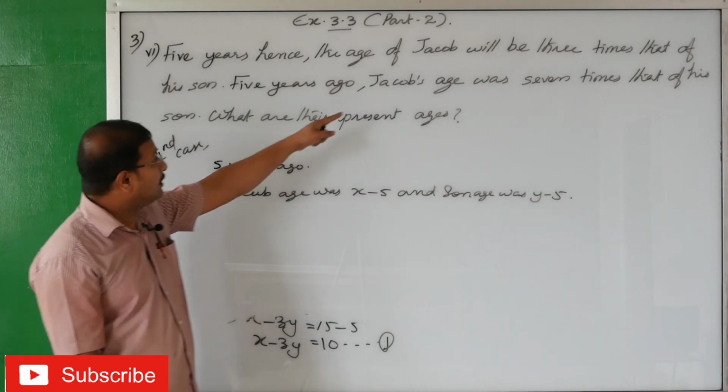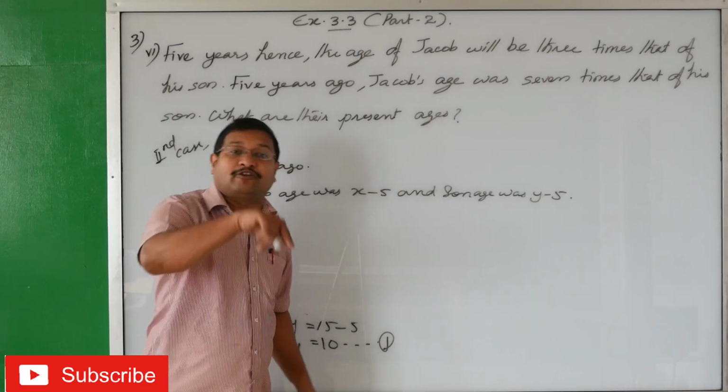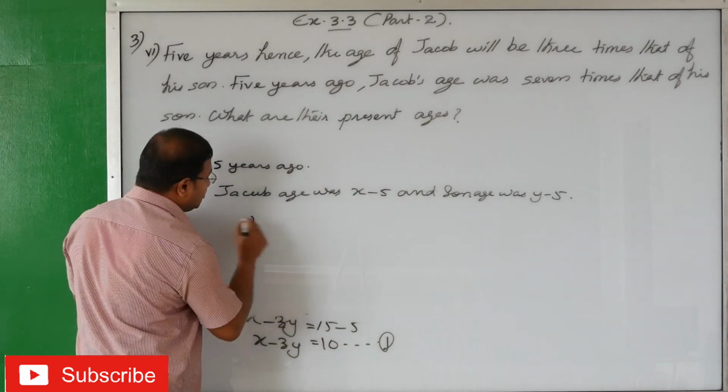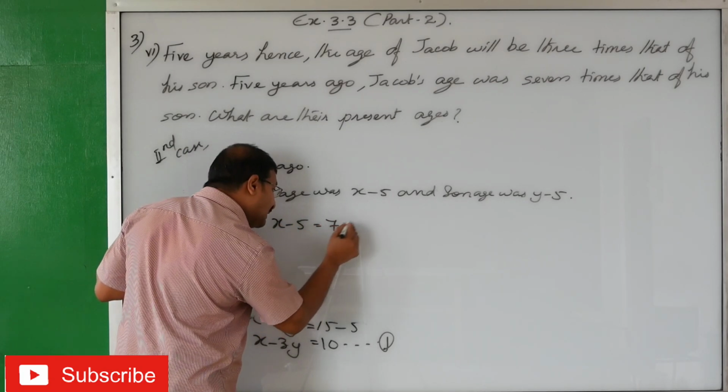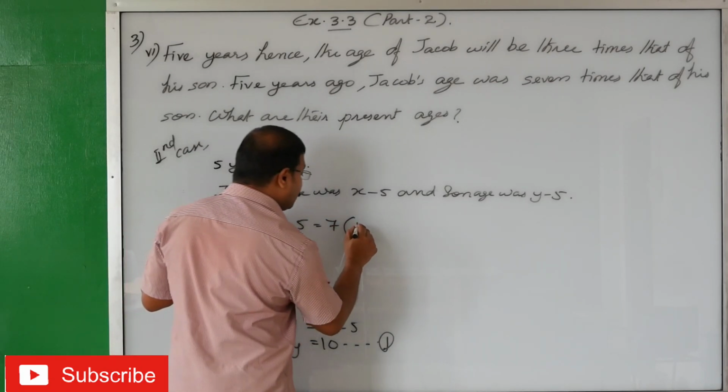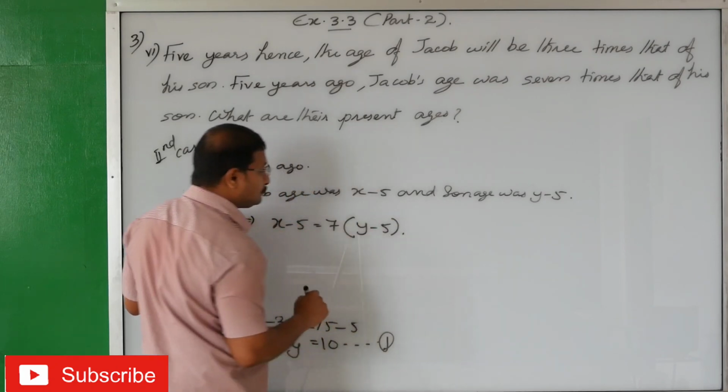It's already given in the question that Jacob's age was 7 times that of his son. That means X minus 5 equals 7 times his son's age, that means Y minus 5.